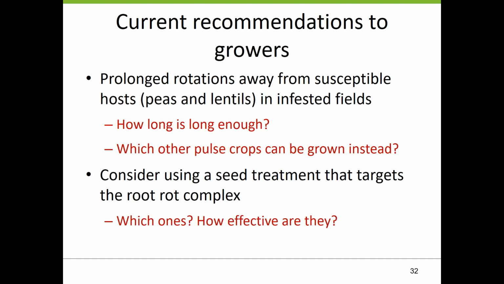So we did some field trials there. And then with this idea of seed treatment, which ones can be used and are they actually effective? So that's what I'm going to focus on today with some of our results. And then on my last slide, I have a list of a whole bunch of other field trials that we're also doing that I just didn't have time to talk about today.